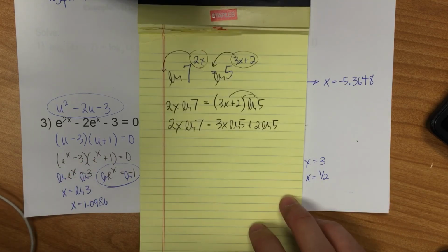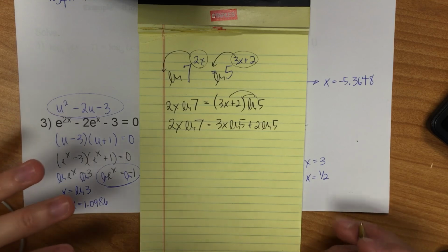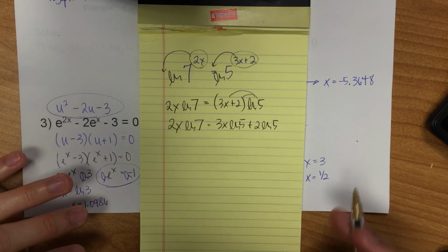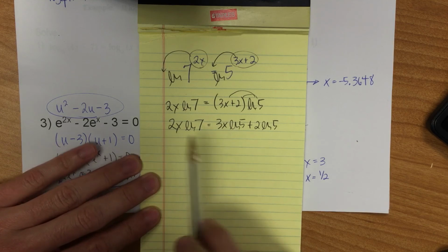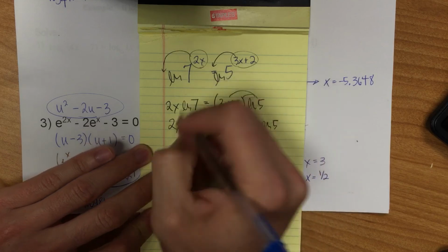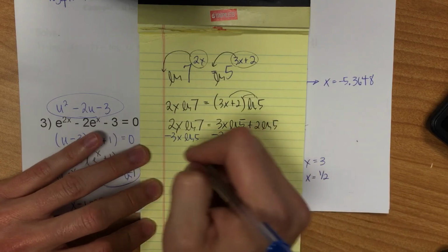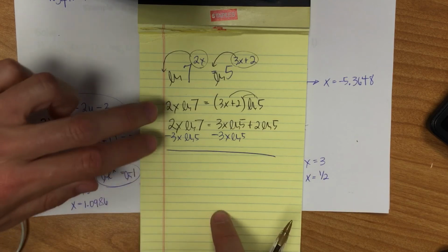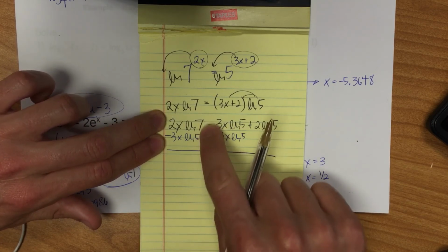So it gets messy before it gets better. The next thing you want to do, any terms that have x's in them, you want to put them on the same side of the equal sign. So I'm going to take this term and I'm going to put it on the left by subtracting. Resist the urge. You cannot combine these because the log portions here are different.